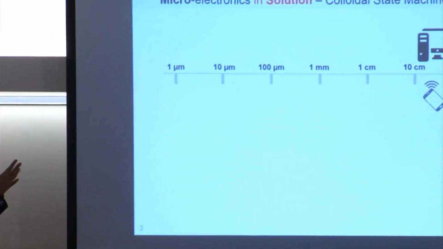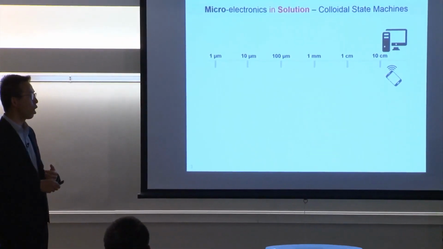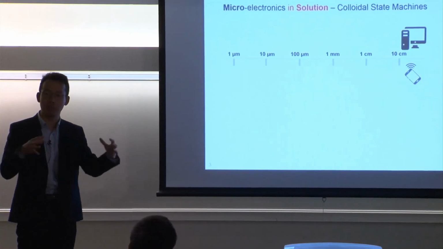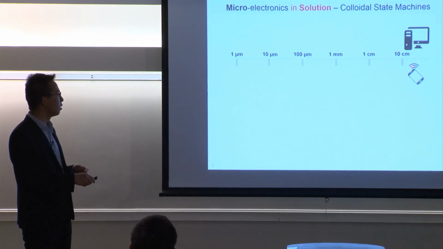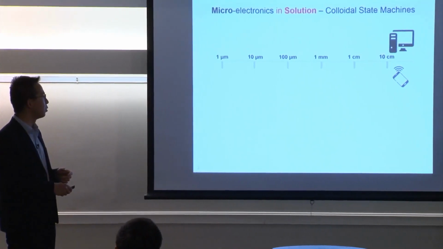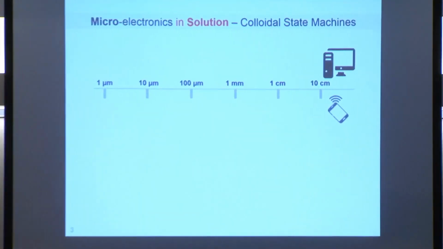But if we snap back to reality, this is where our current autonomous electronic systems stand today, right? With our computers, personal laptops, and cell phones that are really tens of centimeters in size. But these systems are really powerful.